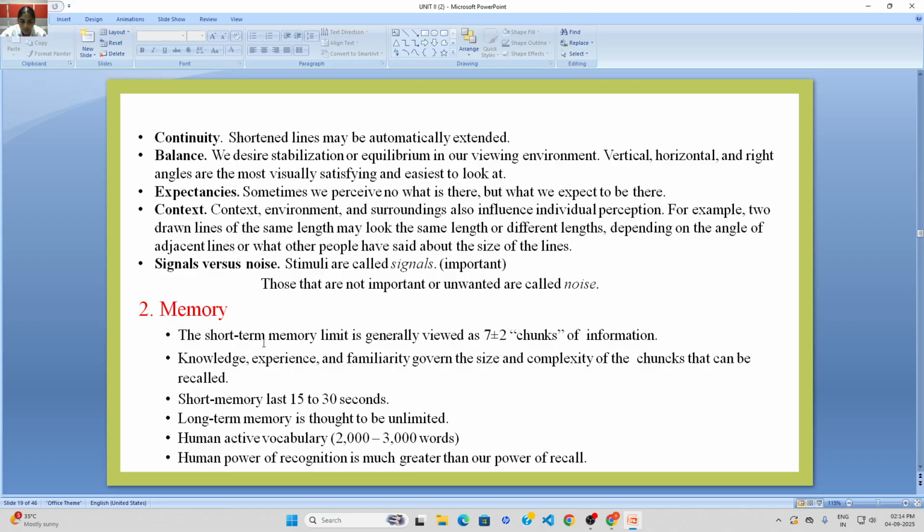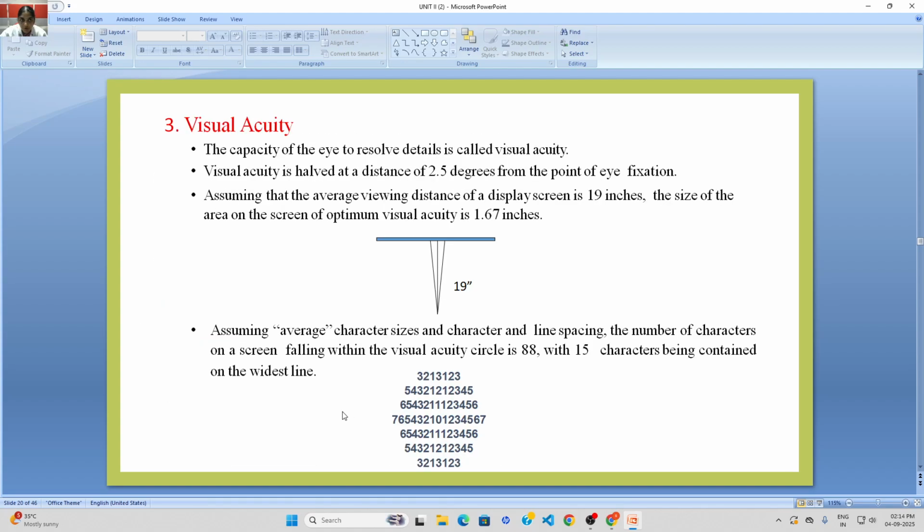Long-term memory is thought to be unlimited. Human active vocabulary is 2000 to 3000 words. The human power of recognition is much greater than our power of recall.